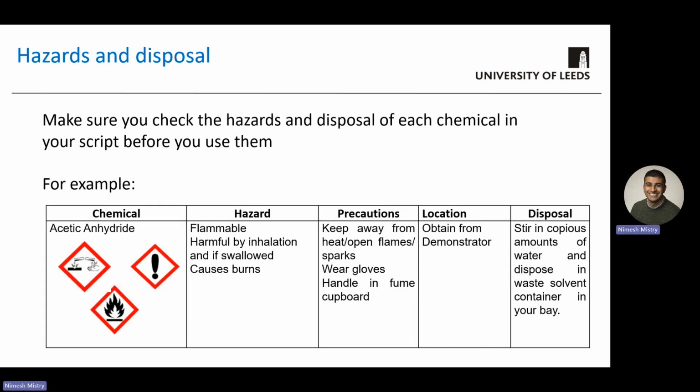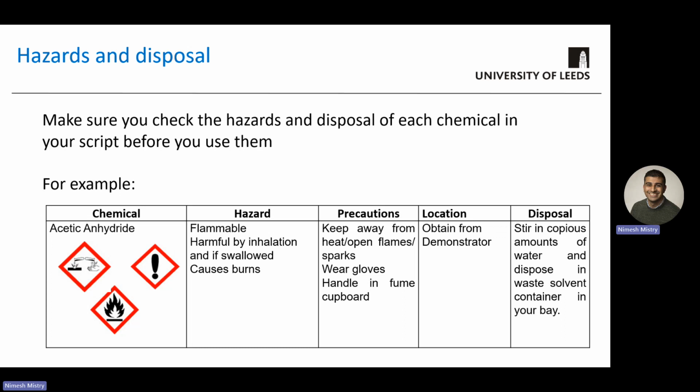Do make sure you are familiar with the hazards of the experiment. Remember, these are all in the lab scripts as well. And as part of the pre-lab exercises, we'll be making sure that you're fully aware of some of the key hazards of what you're going to be doing.